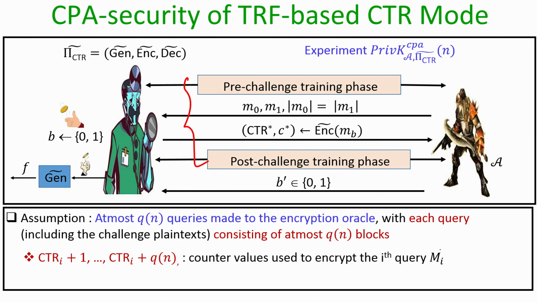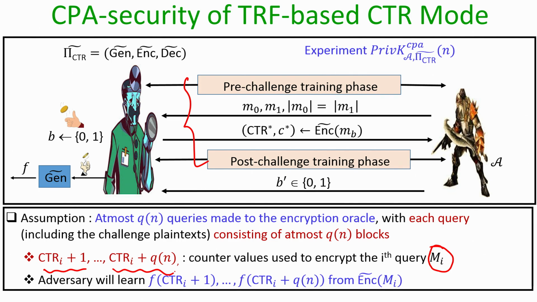I denote the i-th query for which the adversary has asked the encryption oracle service to be M_i, and since M_i consists of Q(n) blocks, to answer this query the challenger needs to pick Q(n) counter values. I denote those counter values as counter_i plus 1, counter_i plus Q(n) and so on.